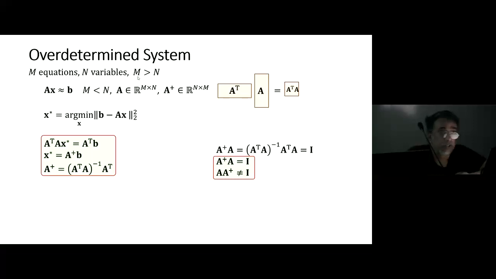Right. So if we have more equations, then we can just drop the rest of the equations. No. Because you pick which equations you want to drop, and each time you'll get a different solution.